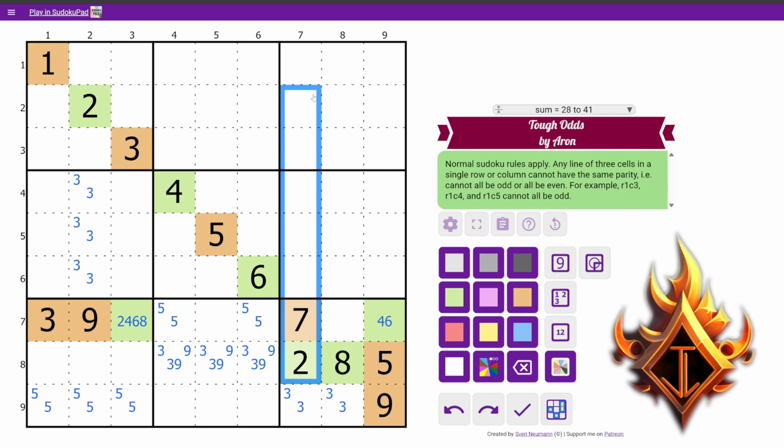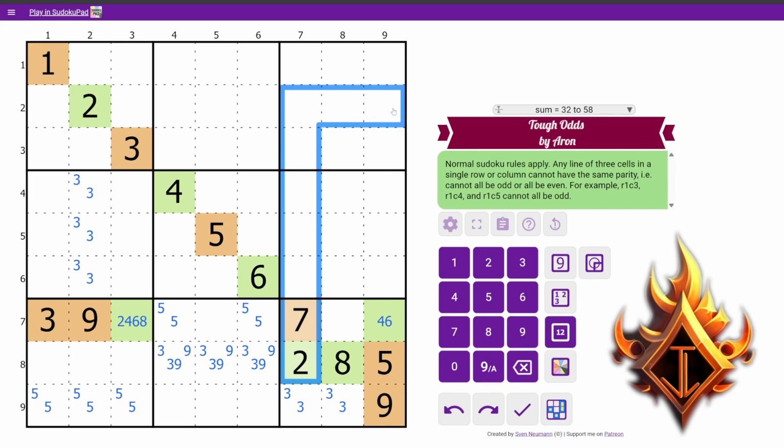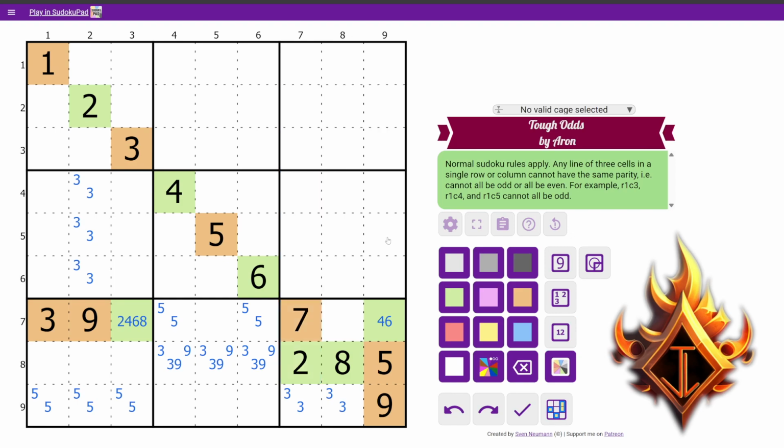What about a 2? Oh, this one. 8, 2. This has to be odd. But they all can't be odd.